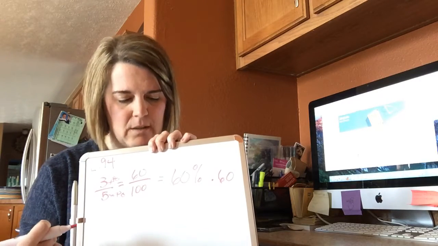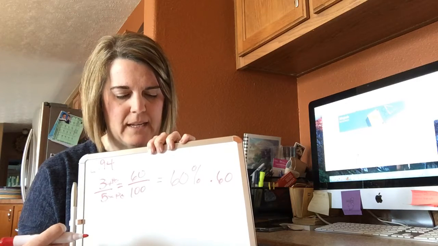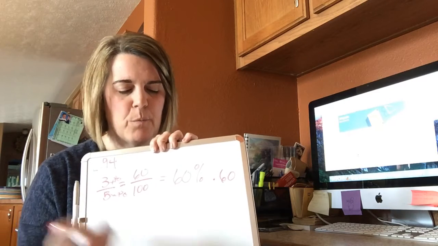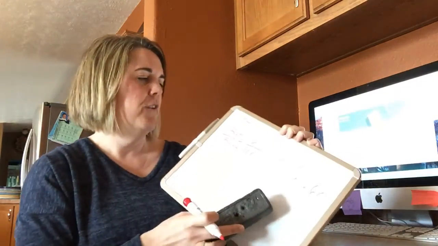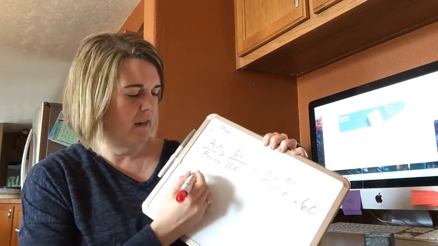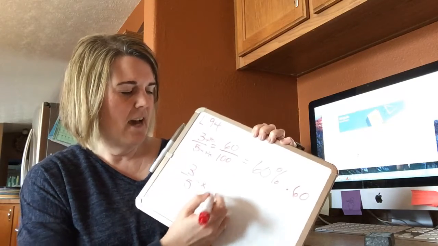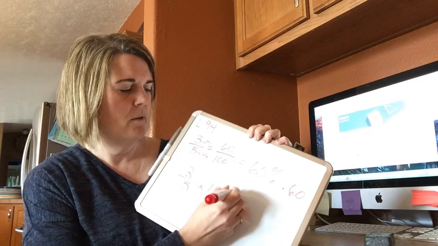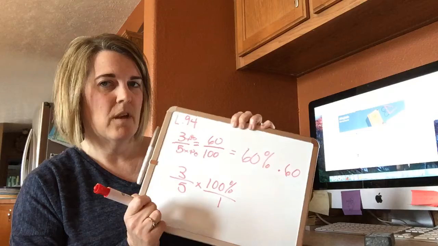What you're really doing is multiplying by 100%. So if you had 3/5, the way you would do that is you would multiply by 100%, which is 100% over 1.